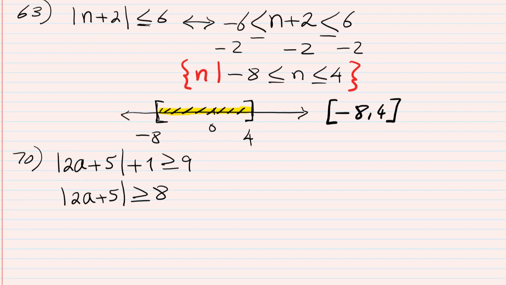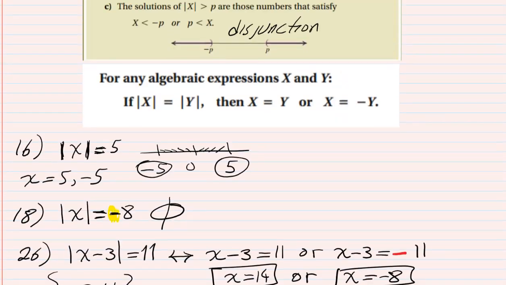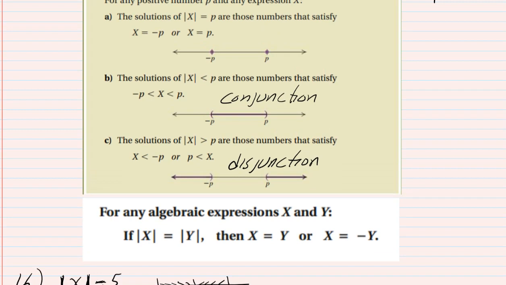Now let me go back. Remember, for the symbol greater than, it's going to translate into a disjunction, all the ones that are greater than.